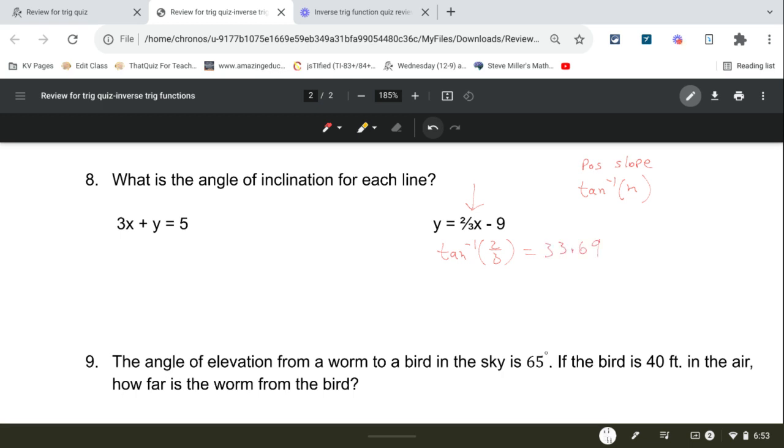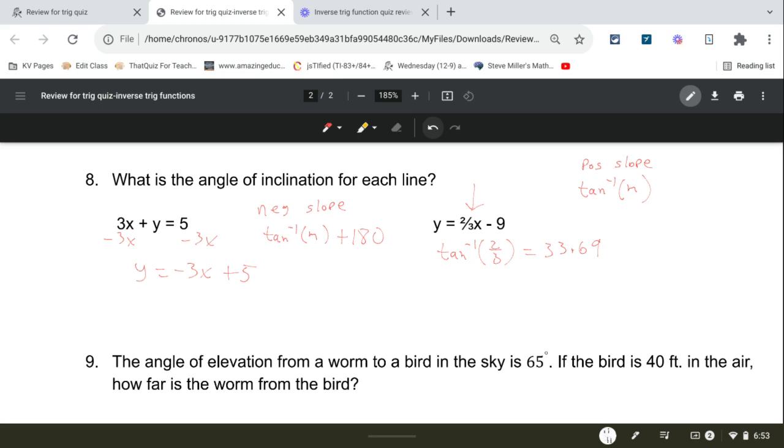On this first one, you need to put it in slope-intercept form first. So move that 3x over, and you'll get y equals negative 3x plus 5. When you've got negative slope, it's the same formula. You're going to do tan inverse of the slope, but you're going to have to add on an extra 180.